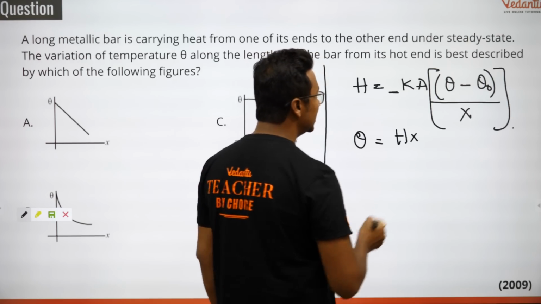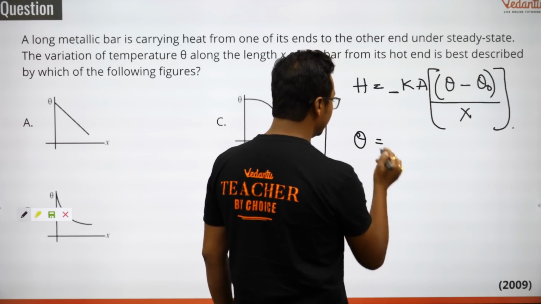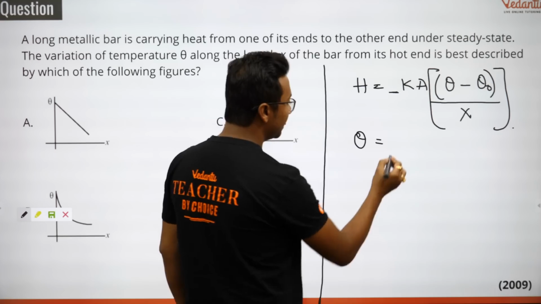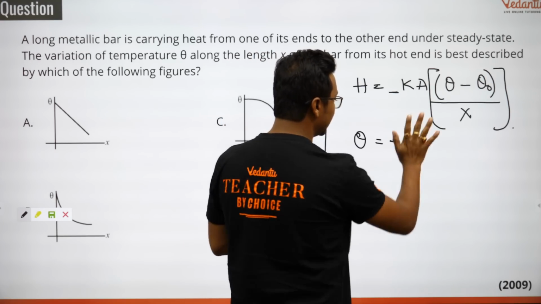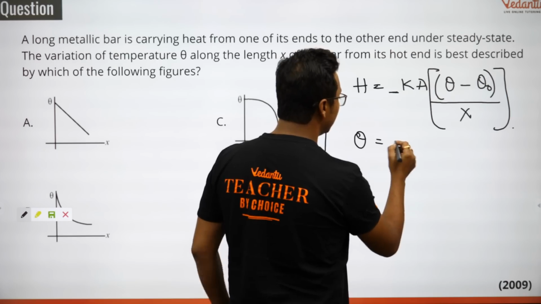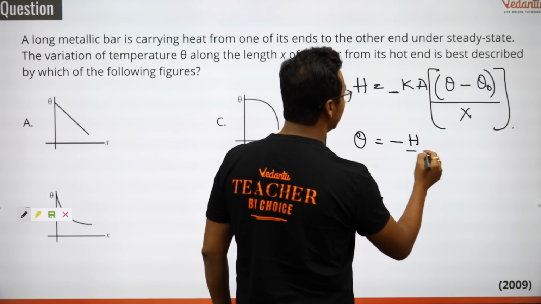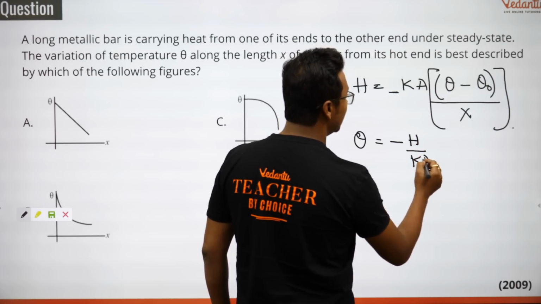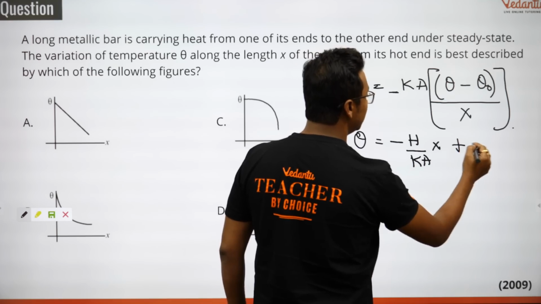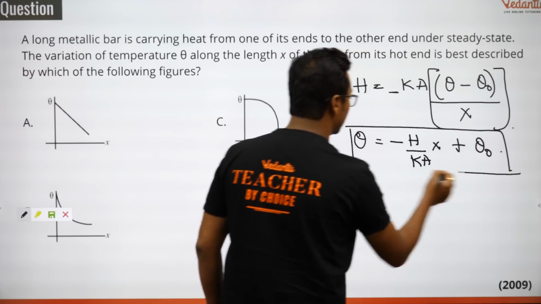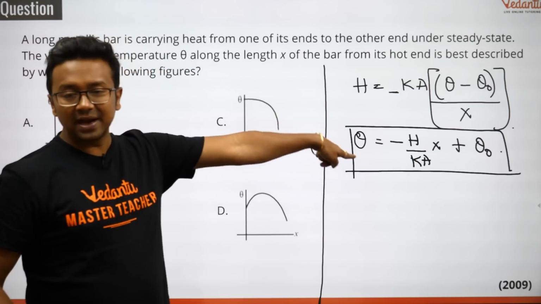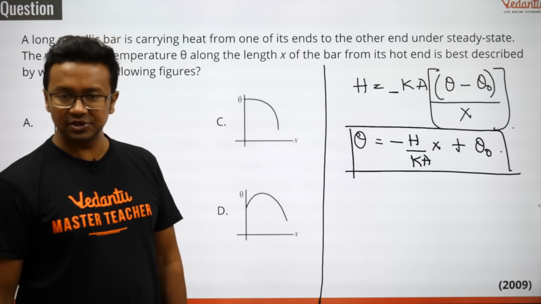So we are going to get minus h by KA into x plus theta naught. So from that equation this easily comes into the picture.